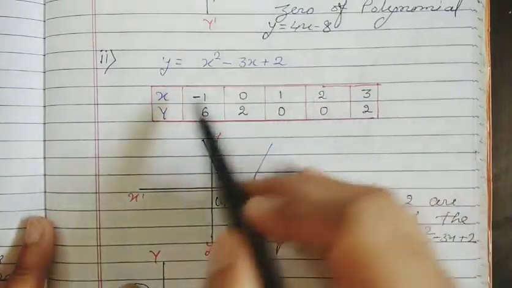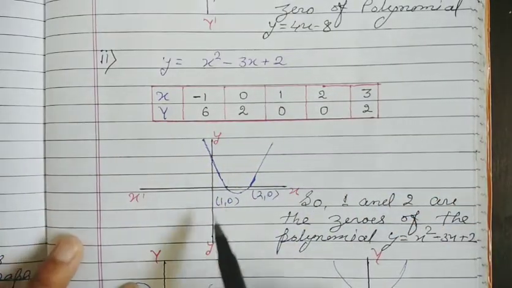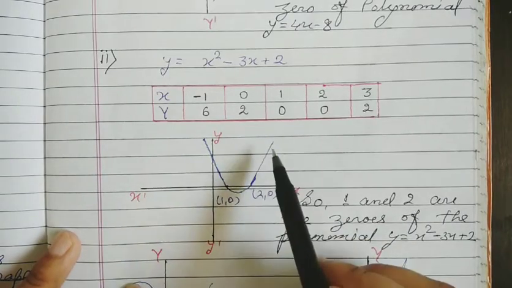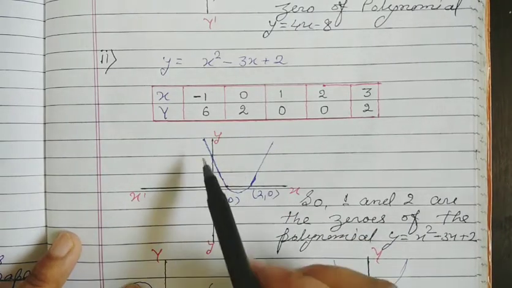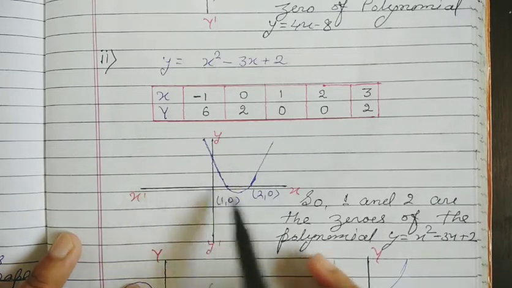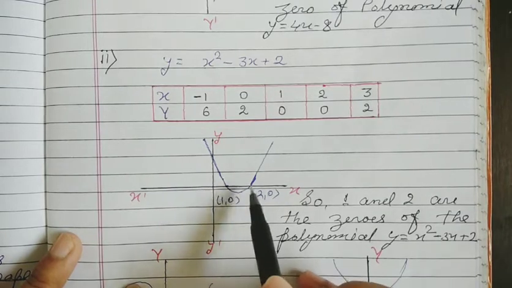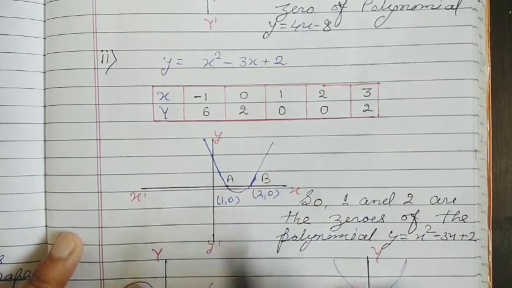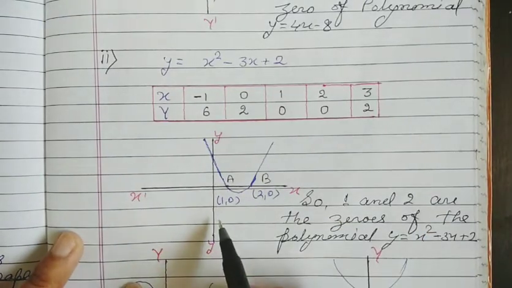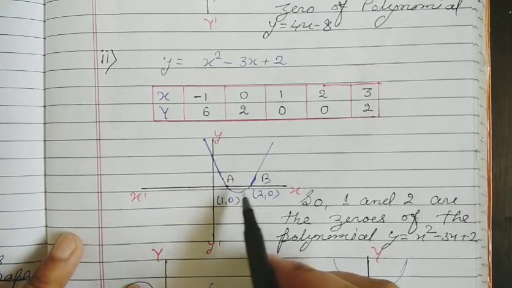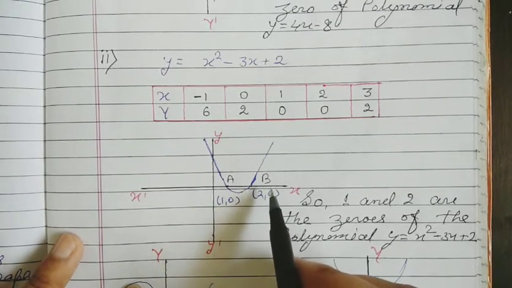If we draw these points on a graph paper, we will get a graph something like this. Here we can see that this graph intersects the x-axis at 2 points. Suppose this is point A and this is point B. The coordinates of point A are (1, 0) and the coordinates of point B are (2, 0). Here the y coordinates are 0 because on the x-axis the y coordinates are 0.